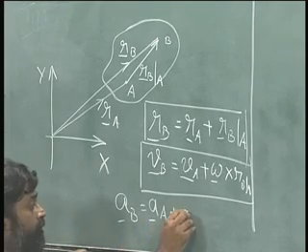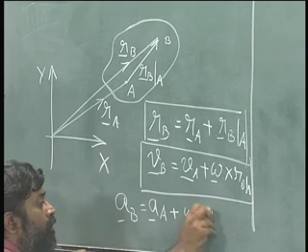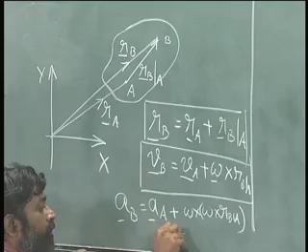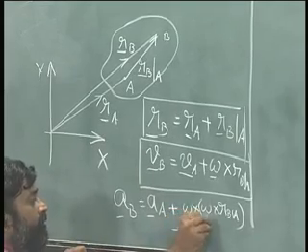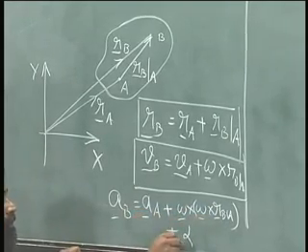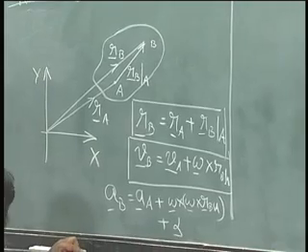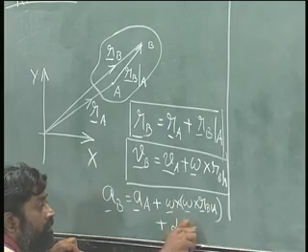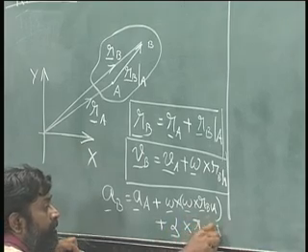Omega cross omega cross R B with respect to A plus, remember all these are vectors, plus alpha, the angular acceleration of the body, cross R B with respect to A.